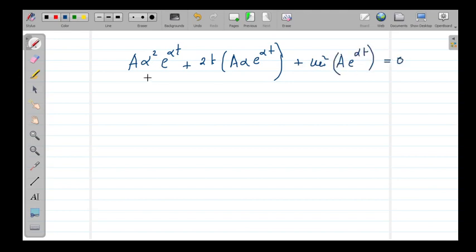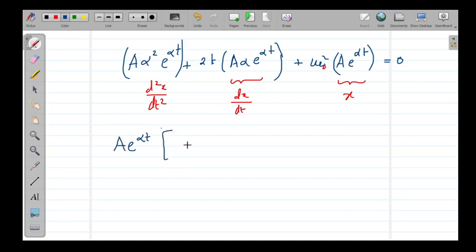This is equal to 0. This part is d²x/dt², this part is dx/dt, and this part is simply x. Now we can bring a e^(αt) out as a common term, multiplied by α² + 2kα + ω₀².